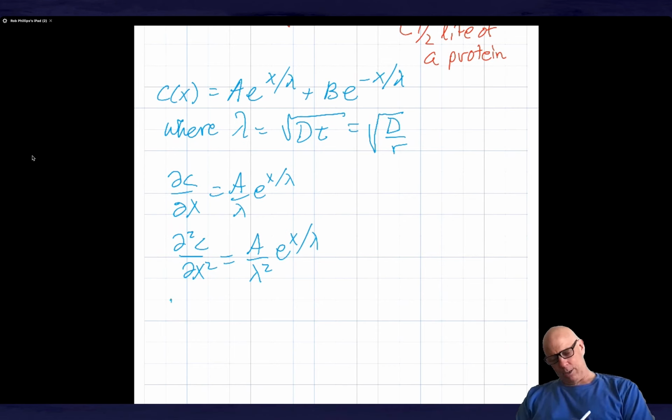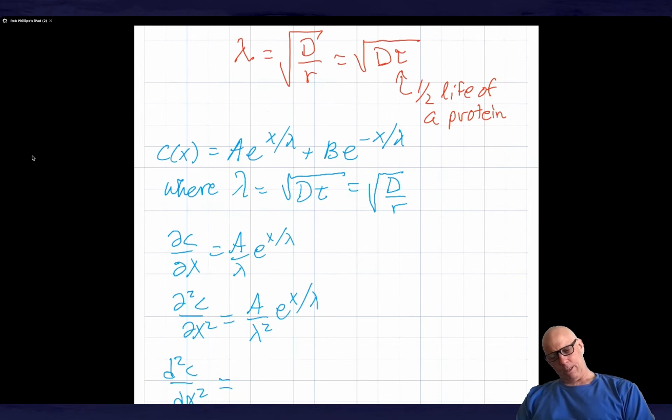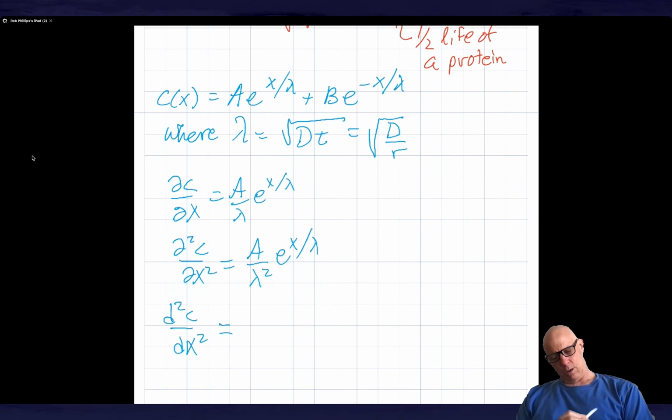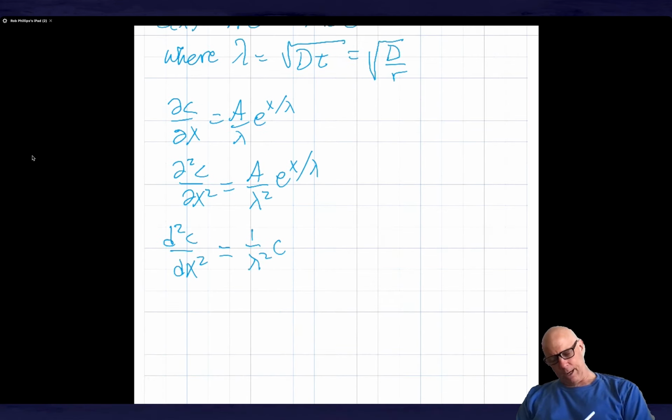So I have d squared c by dx squared is equal to r over D, or maybe I should write that instead as 1 over lambda squared times c. On the left-hand side, I have A over lambda squared, e to the x over lambda. On the right-hand side, I have 1 over lambda squared, A e to the x over lambda. And so it checks out.